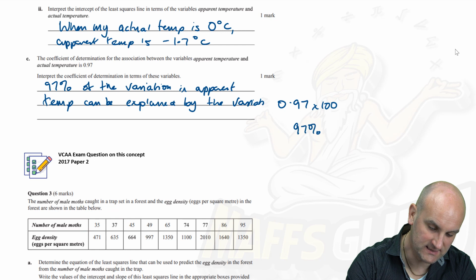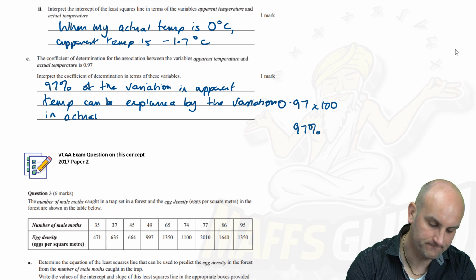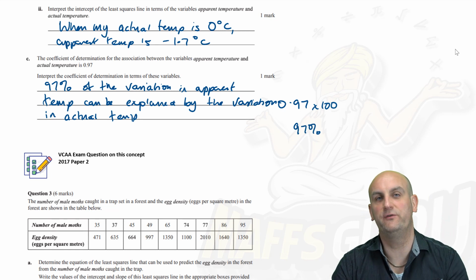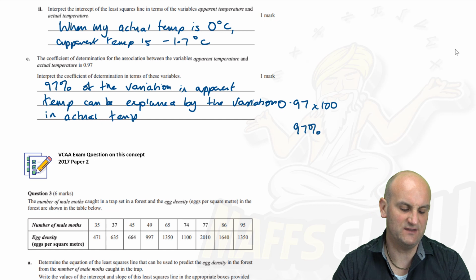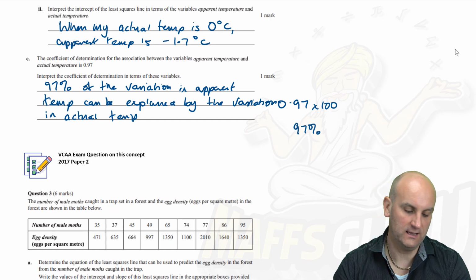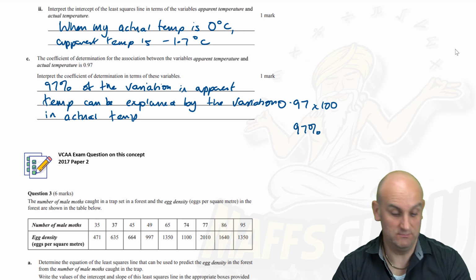Oh, my handwriting today is terrible. Now, believe it or not, there are boilerplate responses for these types of things. So 97% of the variation in the response variable can be explained by the variation in the explanatory variable, and you just pretty much write those.